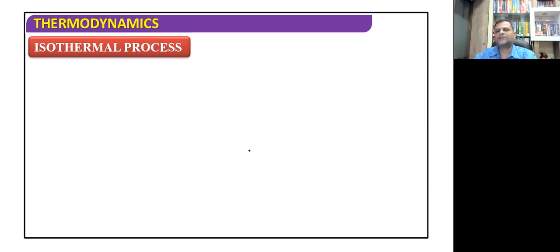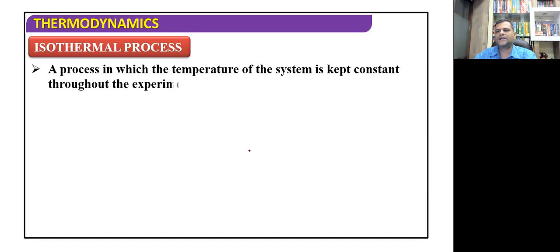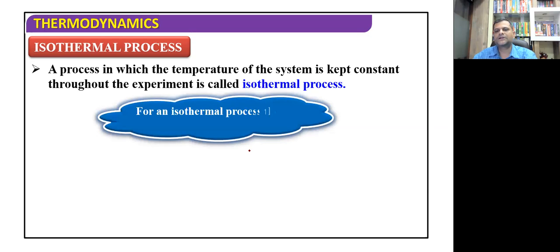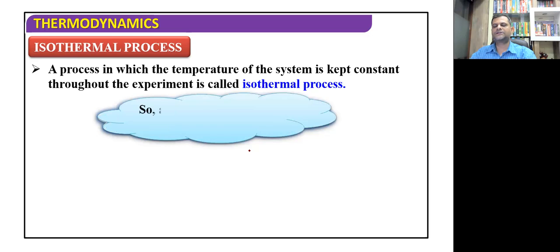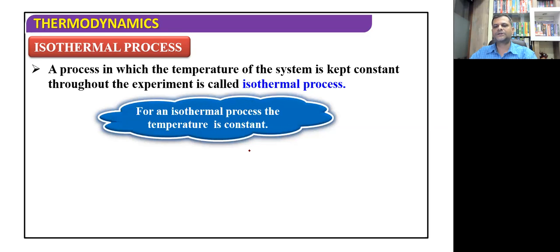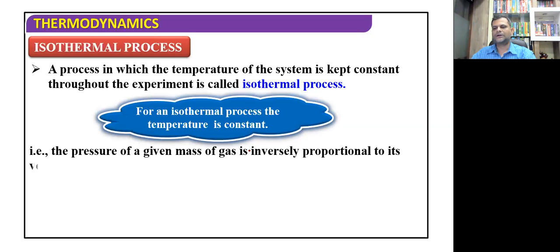The second in the list is the isothermal process. See here, isothermal process is the process in which the temperature remains constant throughout. पूरे प्रोसेस के अंदर टेम्परेचर कांस्टेंट रहना चाहिए, उसको हम बोलते हैं आइसोथर्मल प्रोसेस. रिमेंबर, आइसो का मतलब होता है कांस्टेंट और थर्मल मतलब टेम्परेचर. ओके, सो जब टेम्परेचर कांस्टेंट होता है तो सीधी सी बात है कि the pressure will be inversely proportional to the volume.